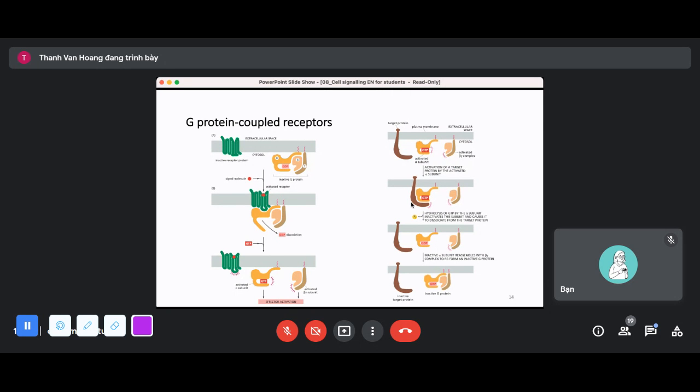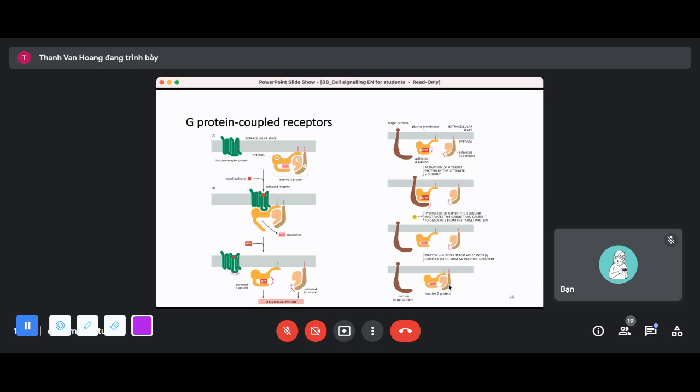When the alpha subunit binds to GDP, it becomes inactive and associates again with the gamma and beta subunits to form the inactive G protein.